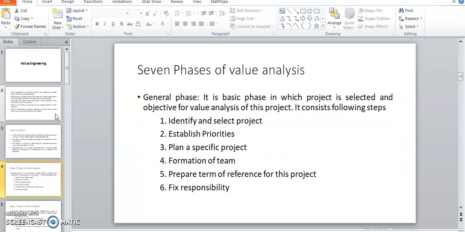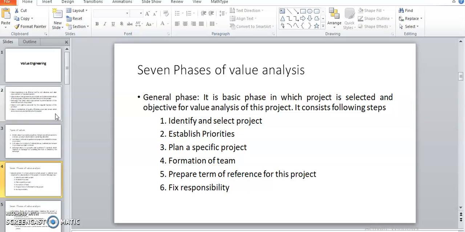Now, how do we carry out value analysis? Value analysis considers seven phases: general phase, information phase, function phase, creation phase, evaluation, investigation, and recommendation phase.